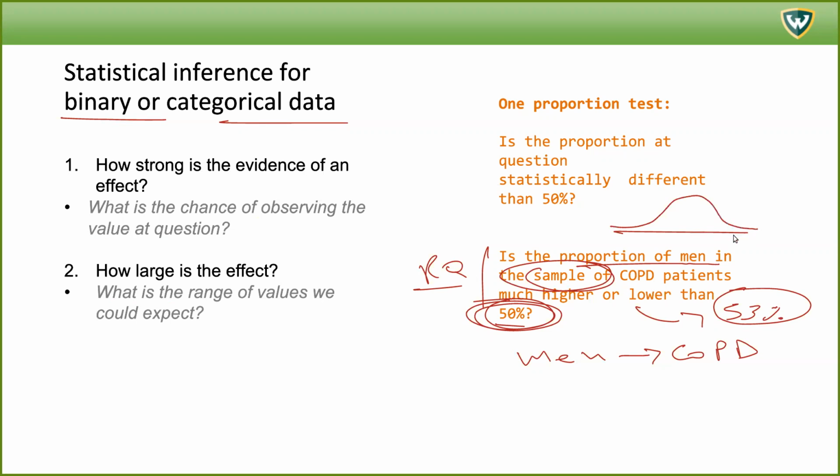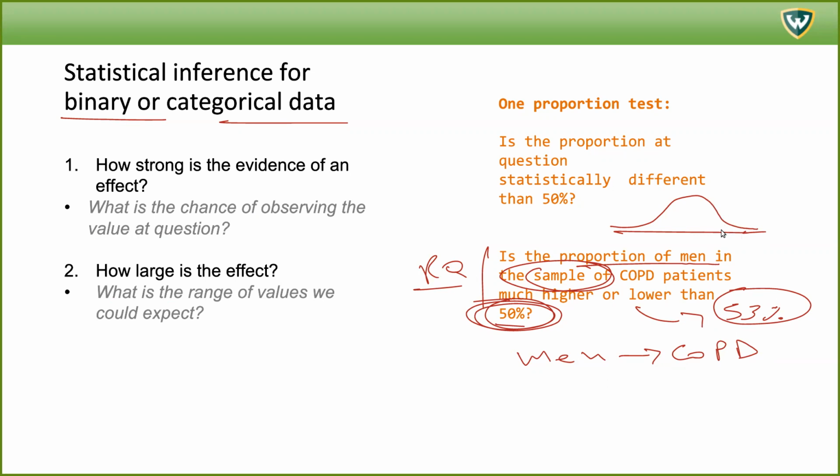How can we know that whatever proportion we have is different enough so we can say, oh, that seems to be an effect. It looks like being a man is leading to COPD, or men are more likely to have COPD, because there's much more men than women having COPD.